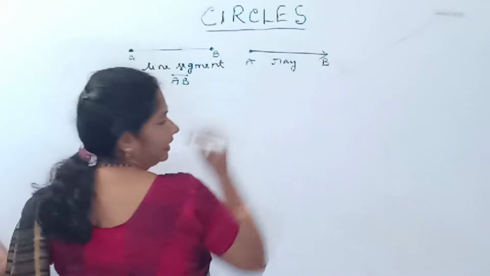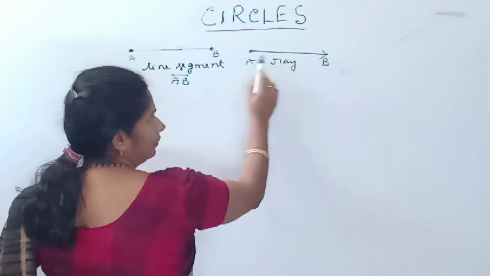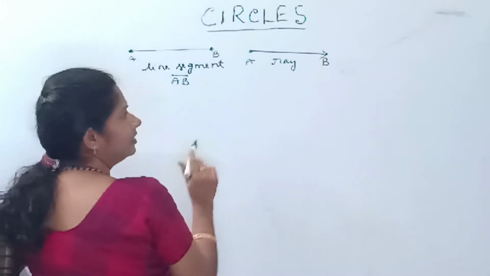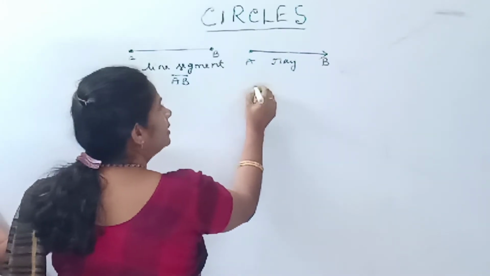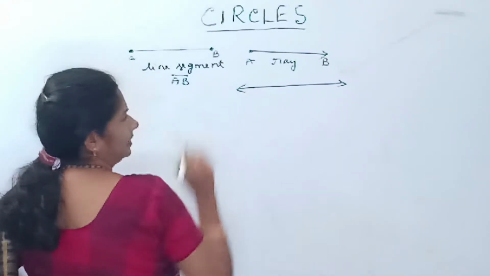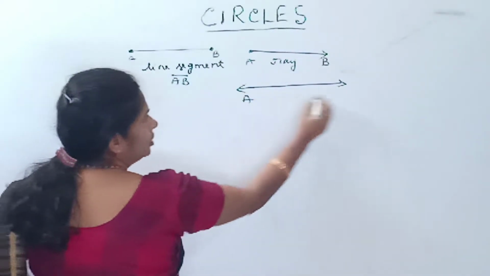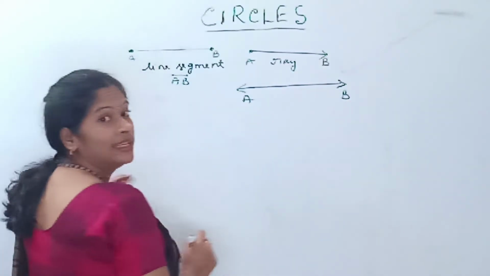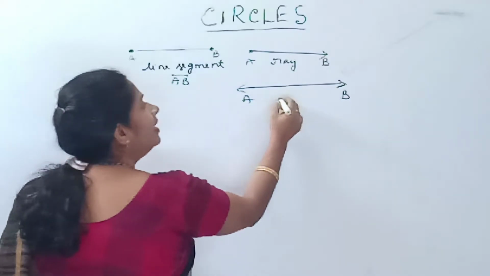AB is a ray. Now, if a line segment extends in both directions endlessly, then it is called a line.